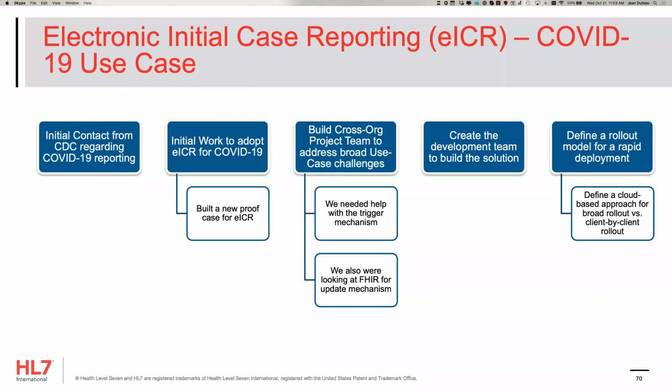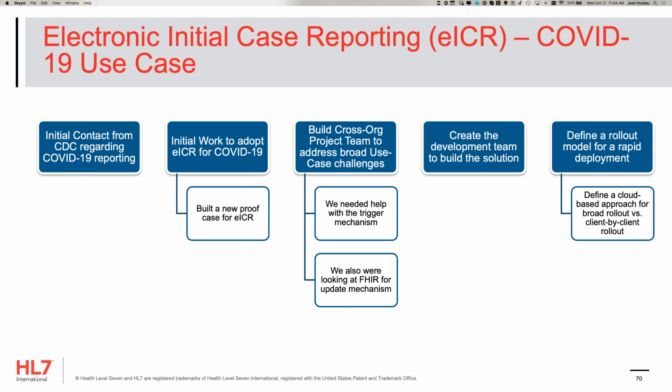So we built a cross-org project team that is pulling together the use case challenges. We had to build the triggering approach still. We still needed the submission resource, but we had a clear idea of what the triggering needed to be.